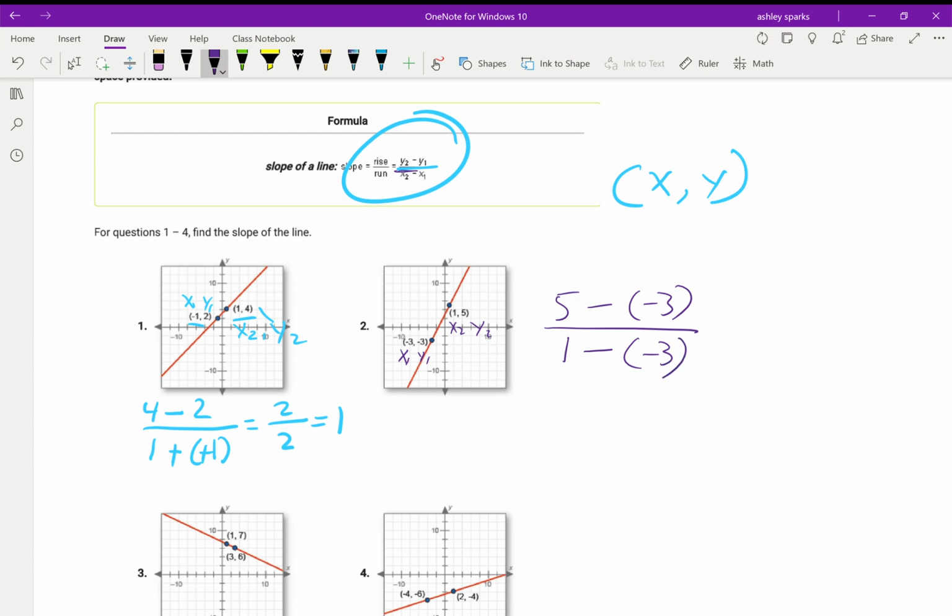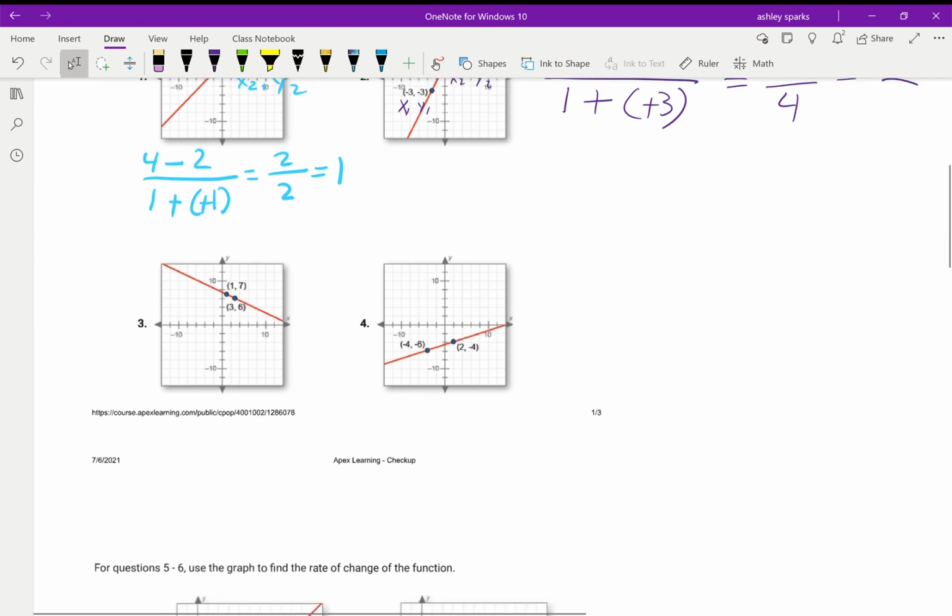So in both of these, we're going to have to simplify some double negatives. 2 negatives make a positive, so I get 8 on top. 2 negatives make a positive, I get 4 on bottom, which would simplify down to just 2. If they do simplify them. Eventually some of these just might not simplify, and we'll see what to do there.